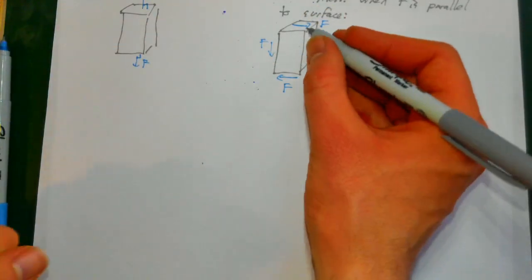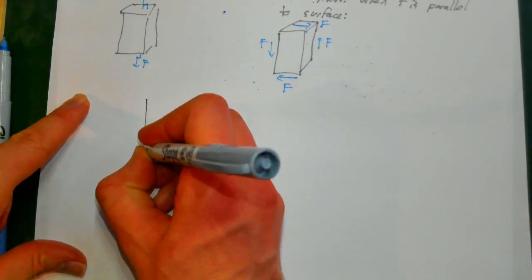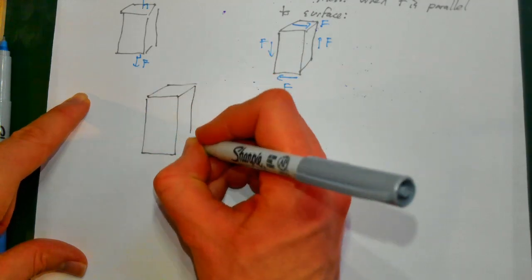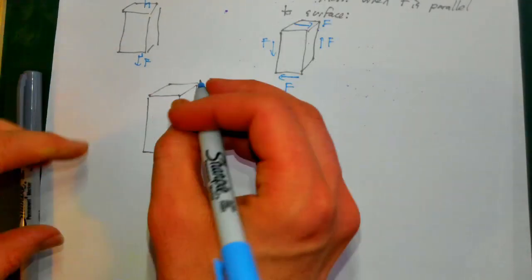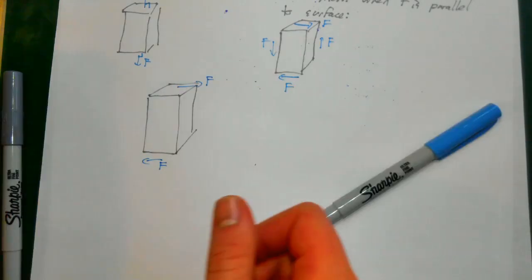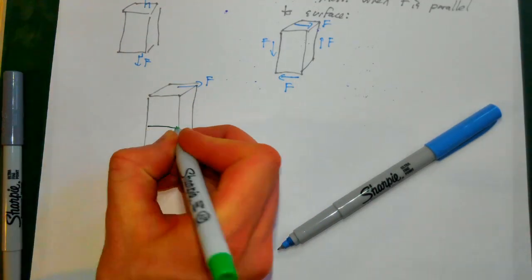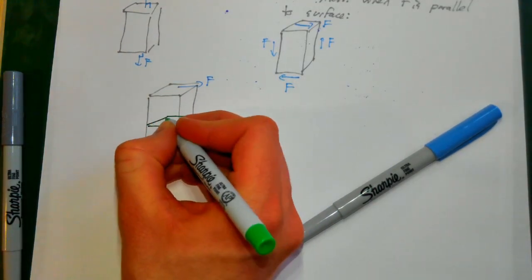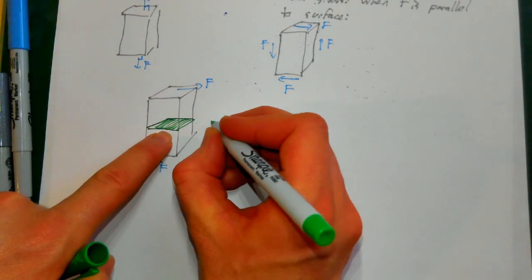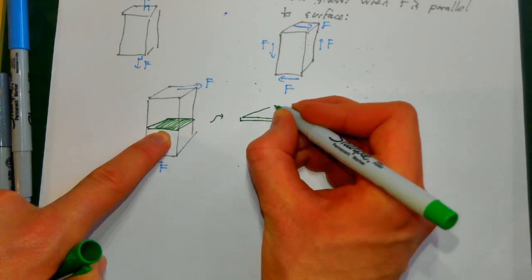But we still imagine this force as being distributed over a cross-sectional area. I'm just going to draw it down here. We still imagine these forces as being distributed over a cross-sectional area like this. The way I look at it is imagining a little slice coming out.